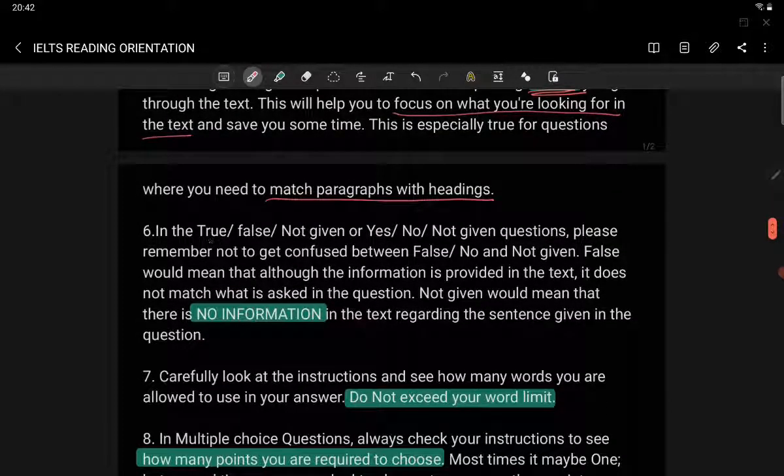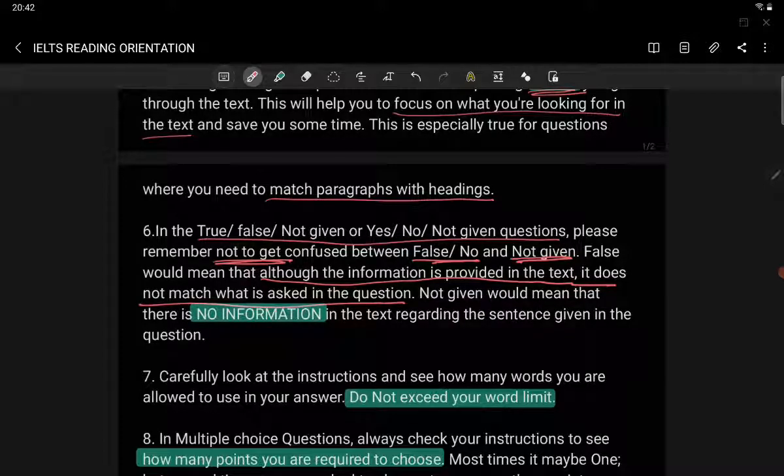In the true, false, not given or yes, no, not given type of questions, please remember not to get confused between false or no and not given. Students generally have this problem where false and not given or no and not given get confused. So false means that although the information is provided in the text, it does not match what is asked in the question.